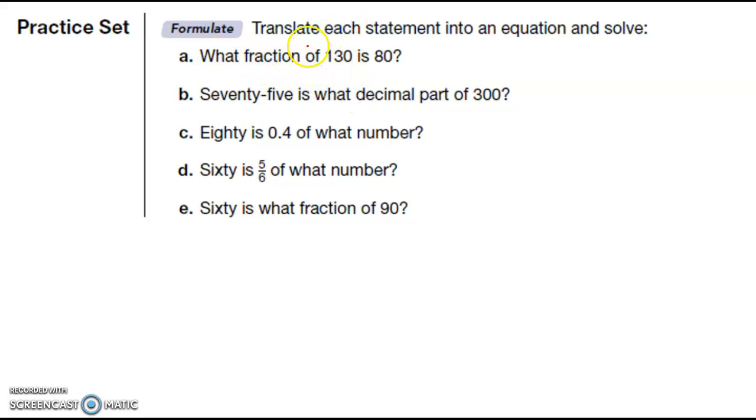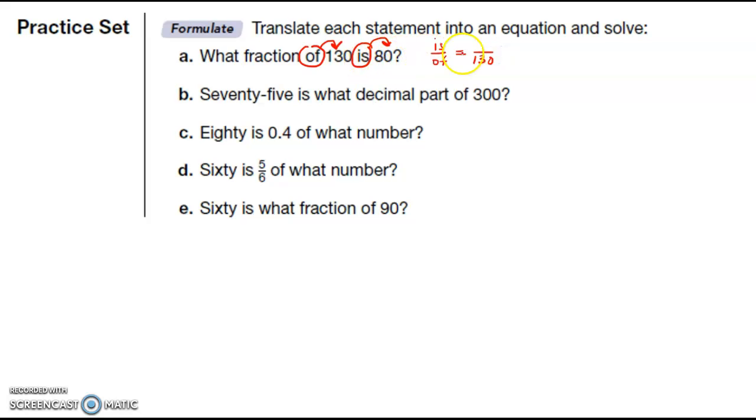This says, what fraction of 130 is 80? So what we're going to do is write a proportion, is over of, is equal to whatever fraction. And the way that you know where to put what is, the word of comes right before 130, so that's going to go in the of portion.